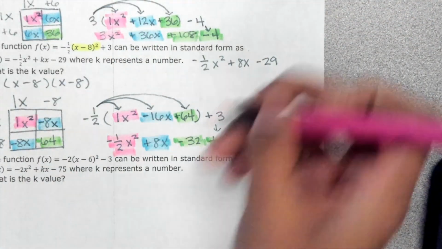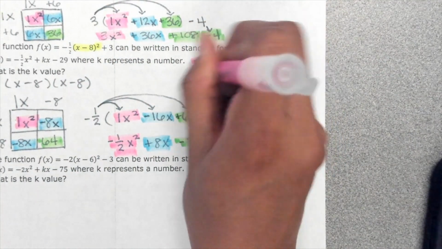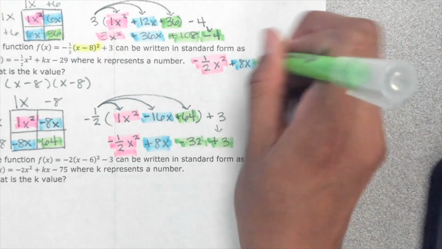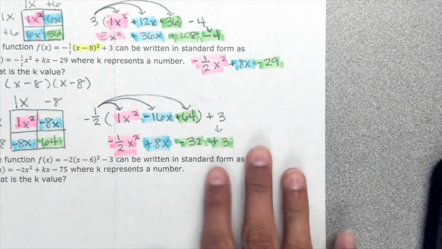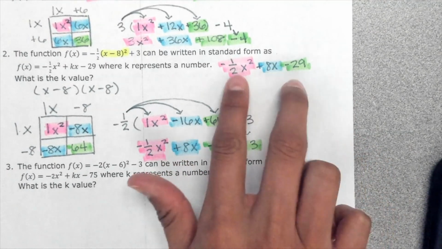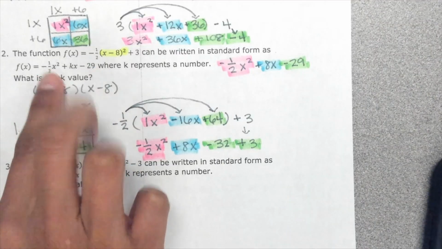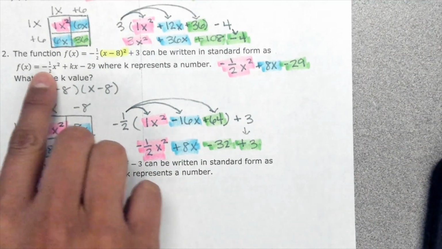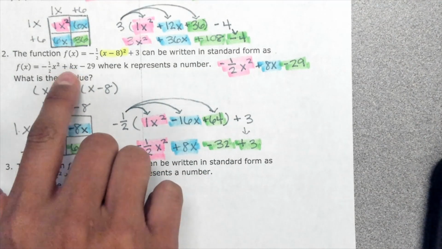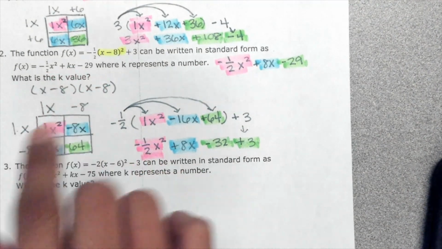Okay, just going to highlight these one last time. However, this is not my final answer. That's not what I'm looking for. As you can see, we solved and we got the same numbers here, negative 1/2 x squared. However, we're missing that number here, k. That's what we were looking for.